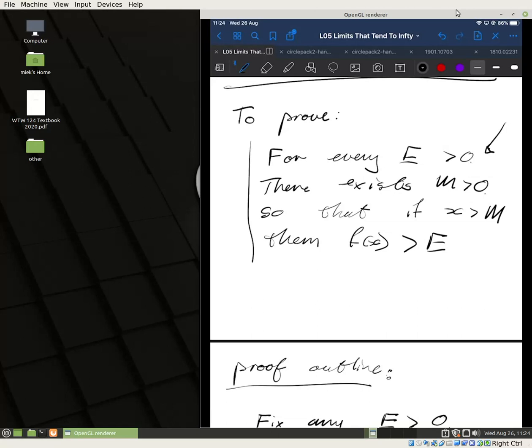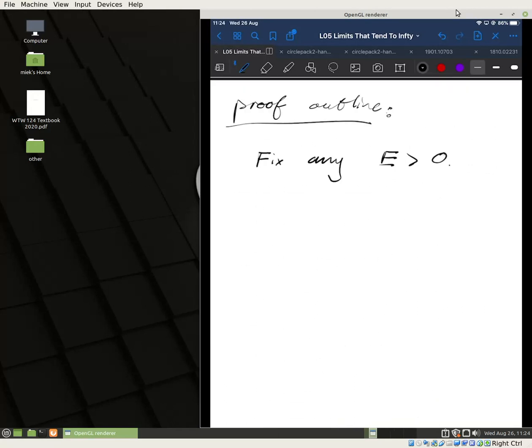Then we must show that there exists an M, or we must define it. So define M as, and it has to be positive. And what are we allowed to use? We're allowed to use any of our previously defined symbols.